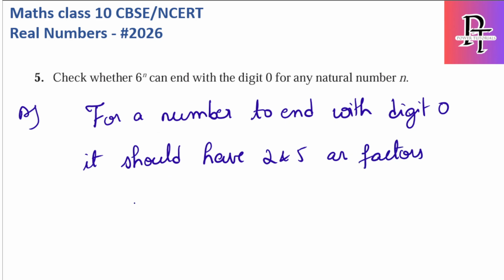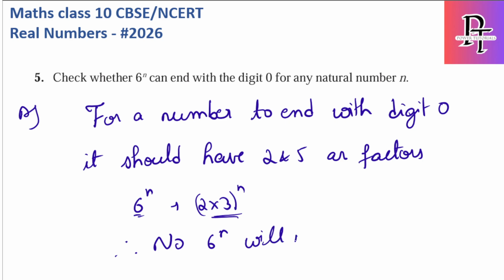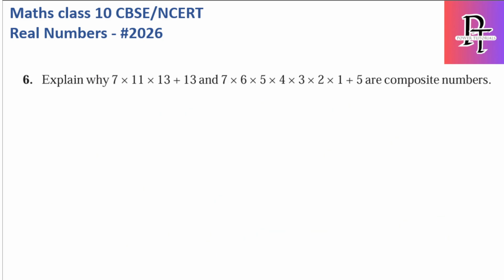What about 6 power n? The factors of 6 are 2 into 3, whole power n. It does not have 5 in it. So the answer is no, 6 power n will not end with 0.